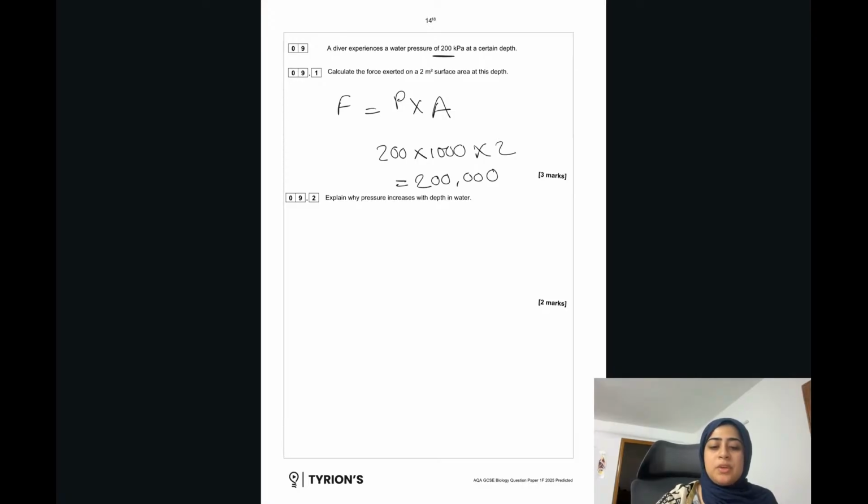So you'd get a mark for recognizing that pressure increases with depth due to the weight of water above. And secondly, that the increased force on the area leads to a higher pressure.